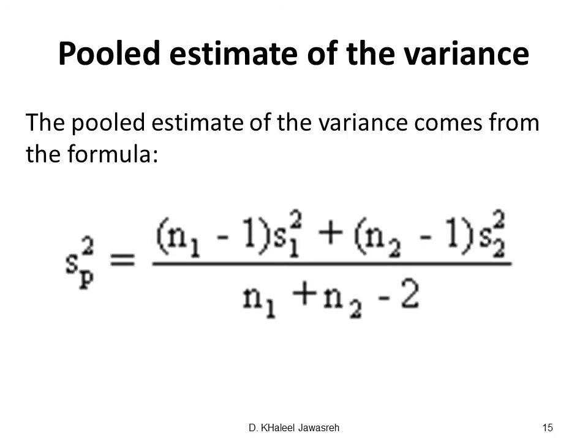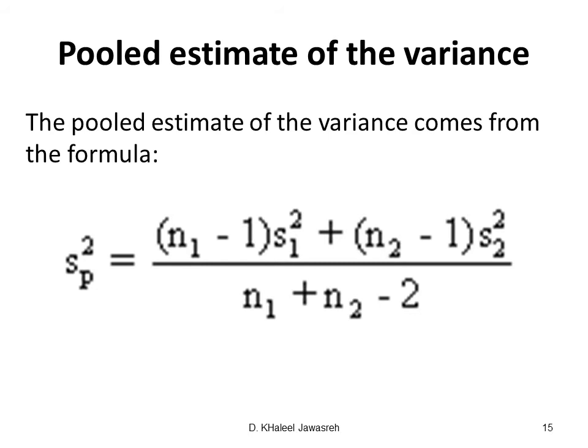The pooled estimate of variances, as you see here, comes from this formula. It's abbreviated as S square P. So S square P is the pooled estimate of the variance. We have two unknown variances. The general formula is n1 minus 1 times S1 square plus n2 minus 1 times S2 square, over n1 plus n2 minus 2.